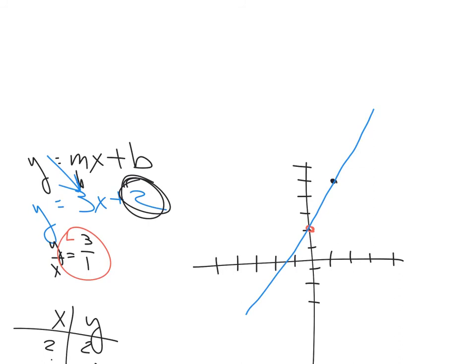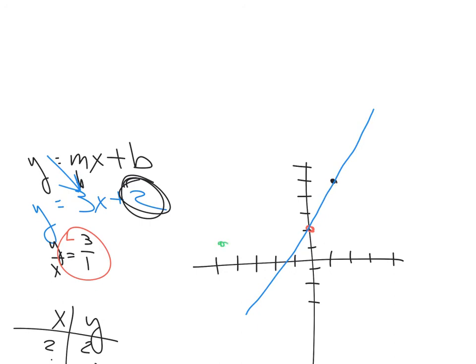I usually like to encourage you to draw 3 points, because if you just draw 2, anytime you draw a line between 2 points, obviously you get a line. But it's not always the case if there's 3 points. Let's say that you graphed this point, and the next point you graphed over here.